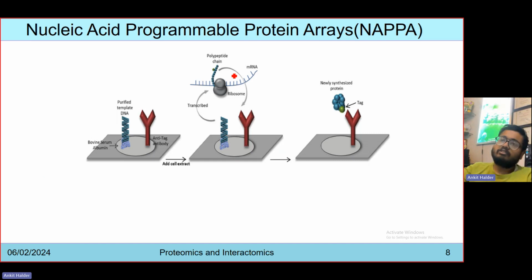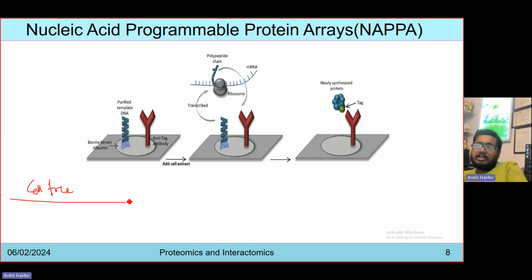This is a kind of cell free expression system, so we don't need cells to express.